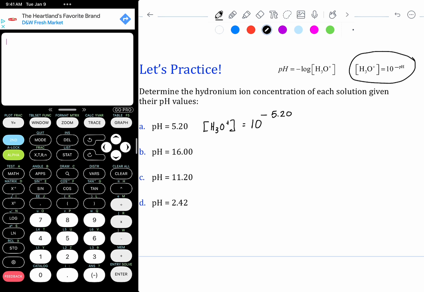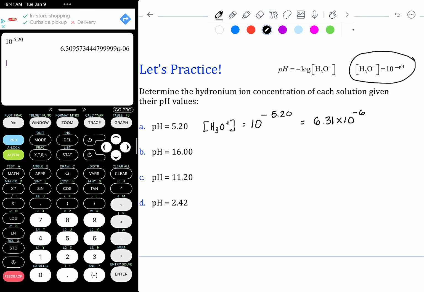So in my calculator, I do second log, because there's a 10 raised to the, and then I do negative 5.2. Again, this pH tells me approximately where my exponent should be in my concentration. So it's going to be around 5. So we have 6.31 times 10 to the minus 6, which is close to 5.